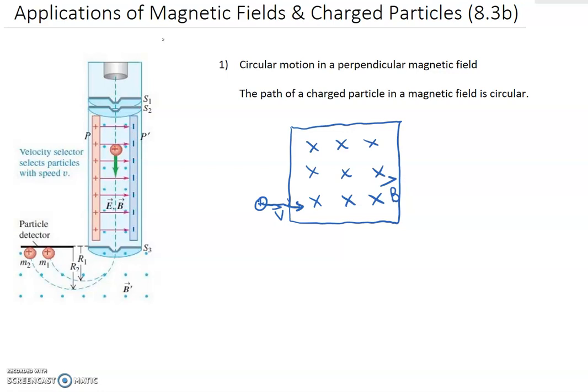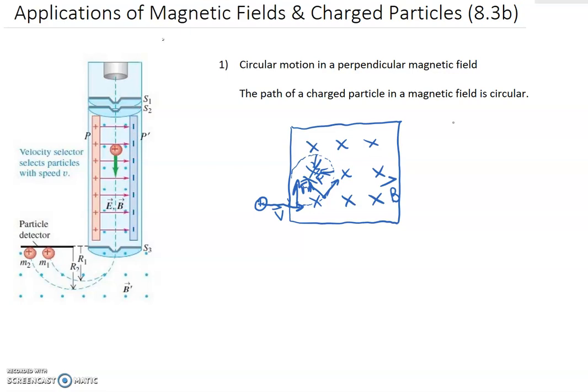So as this comes into this magnetic field, it's going to experience a force in this direction, and that's going to cause it to start bending. As it begins to bend, now its velocity is in this direction, and the force is going to be perpendicular to that. And as it continues to bend, it's going to continue to feel a force that's perpendicular to its direction of motion, and it's going to ultimately cause it to travel in circular motion, just as shown there.